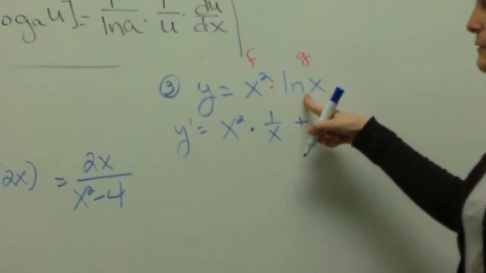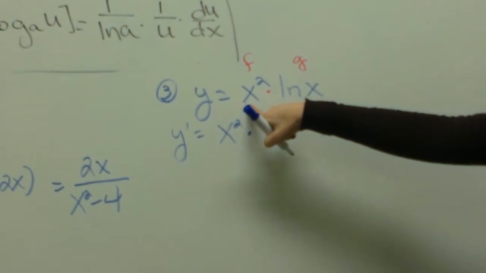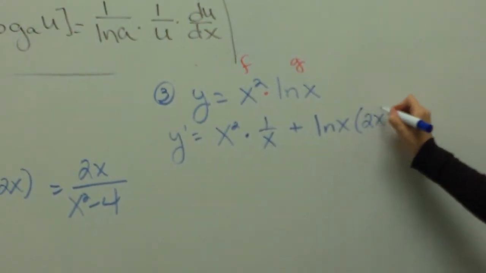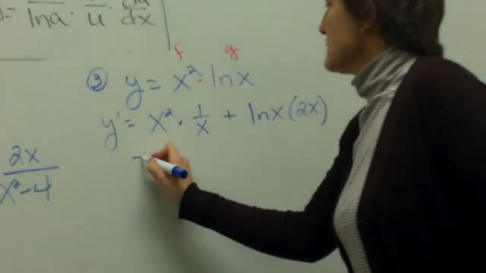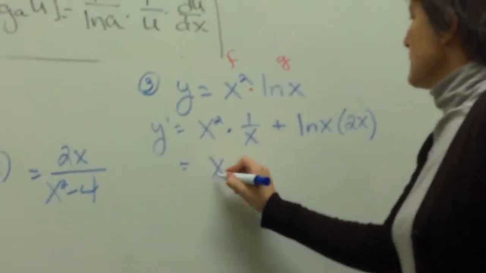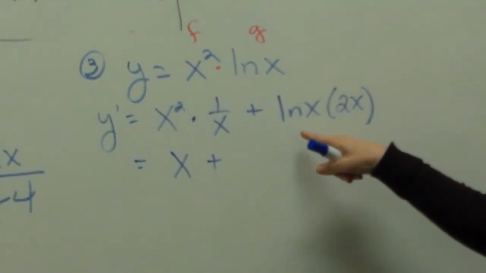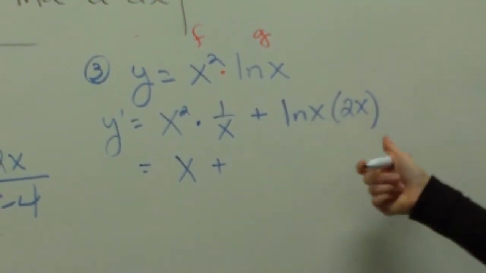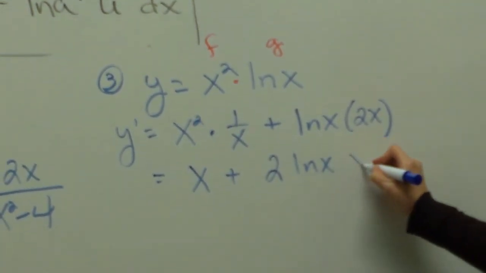Plus, then I leave my second function alone, and I multiply by the derivative of the first function, which was 2x. So rewriting this, x squared times 1 over x is x. And we can think about this as the ln of x times 2x, or we could rewrite it as 2x ln of x.